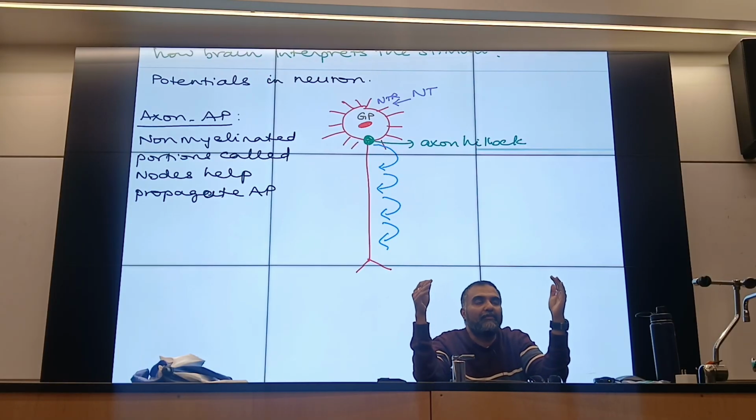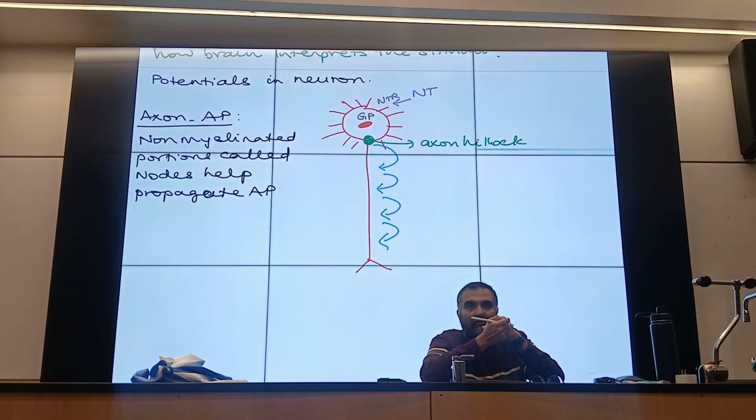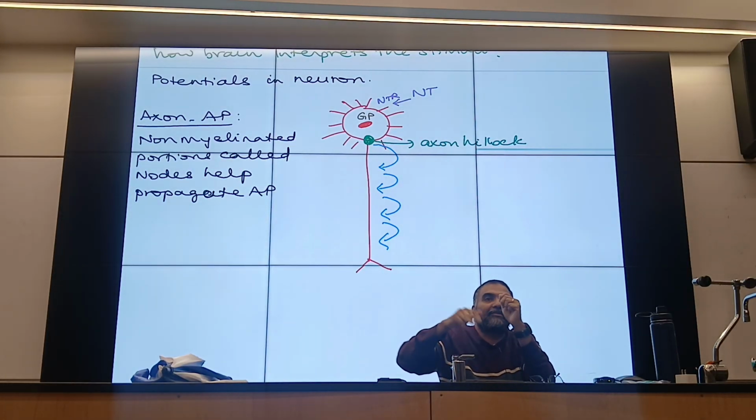Because you have refractory periods, action potentials can only move in one direction, because the previous segment is still refractory. So you don't have a choice.